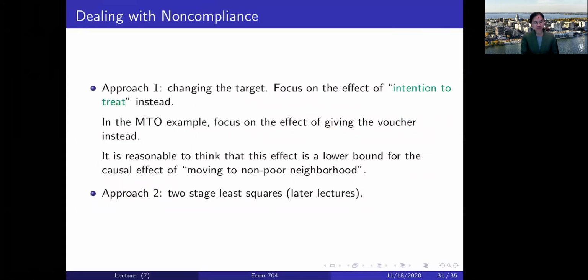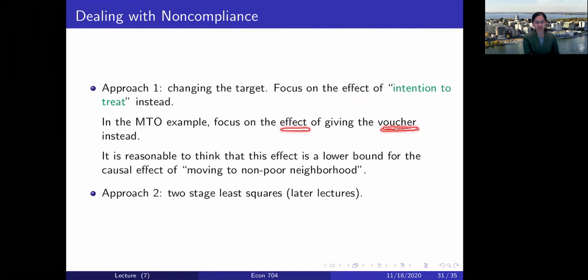So how do people deal with non-compliance? Approach one is let's just surrender, right? Let's change the target. I cannot shoot the right target, so I'll just change the target to something easier. We focus on the effect of intention to treat instead. What that means in the MTO example is that we focus on the effect of the voucher instead of the effect of moving. Then to estimate the causal effect of the voucher, it's easy because the voucher is randomly assigned.